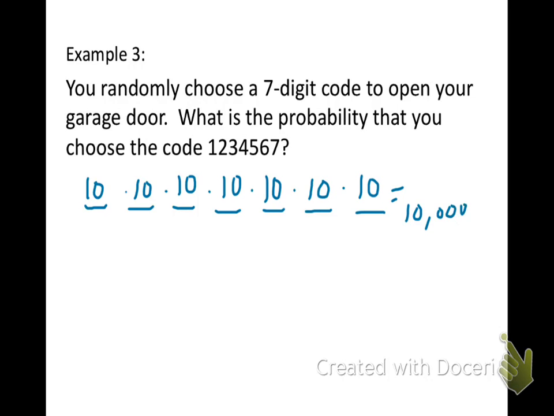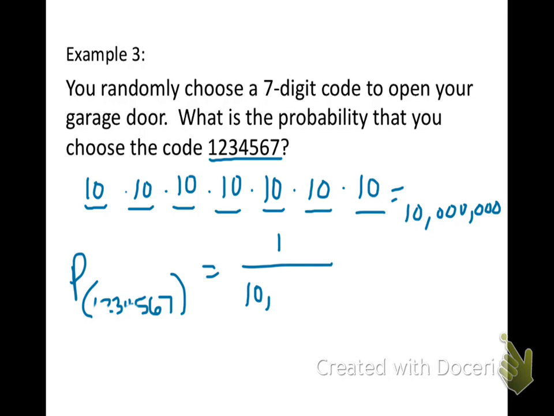Since there are 10 million, the probability of picking this one unique code, 1, 2, 3, 4, 5, 6, 7, we don't need those, I guess, because this is just a code, would be equal to 1 out of the 10 million. And we will leave ours in fraction form. No need to change it to a very long decimal.